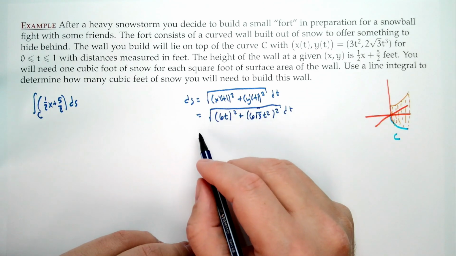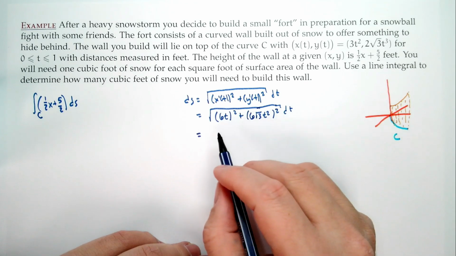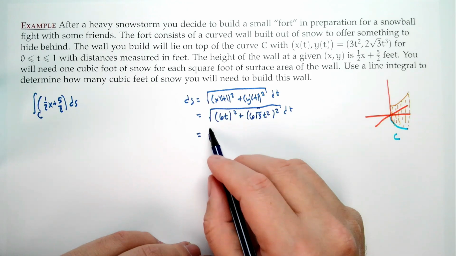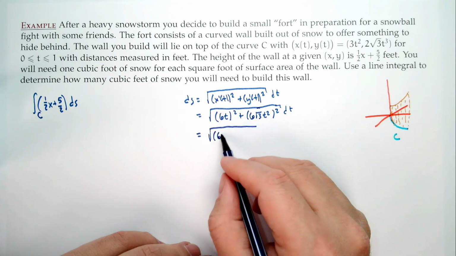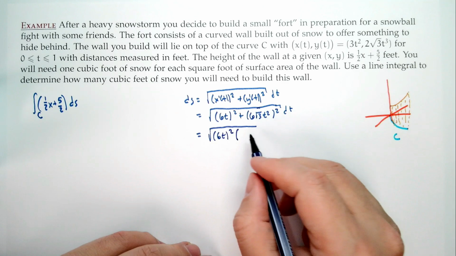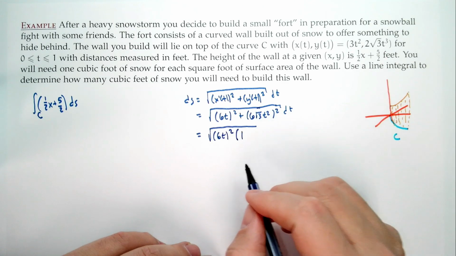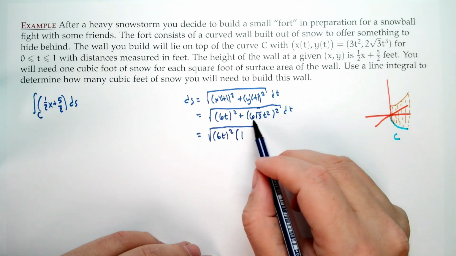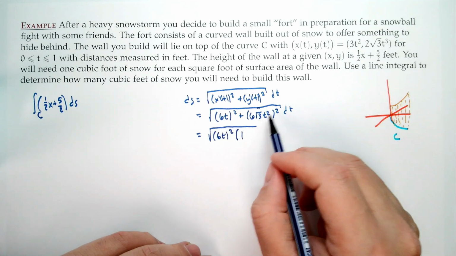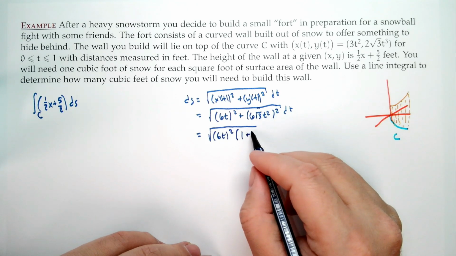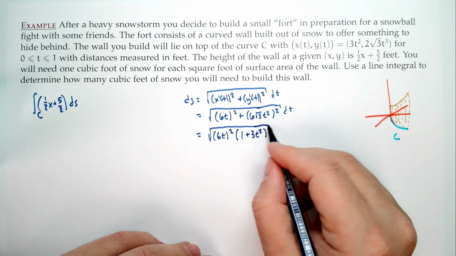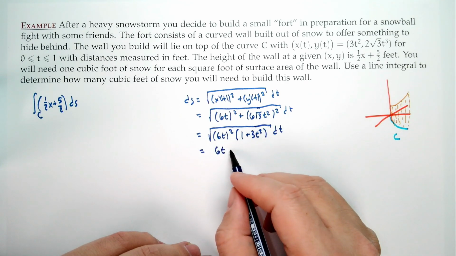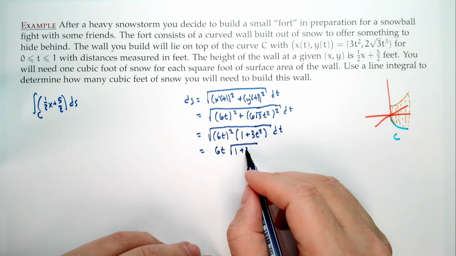Now one of the things we can do to make our lives a little bit easier is say, hey, wait a second, both these terms have a 6t in them. So we could factor out (6t)². And if we did, we'd be left with 1 from the first term. And from the second term, because we factored out 6t, we're left with √3 t, and that's being squared. So plus 3t² dt, or if you like, 6t times the square root of 1 + 3t² dt.